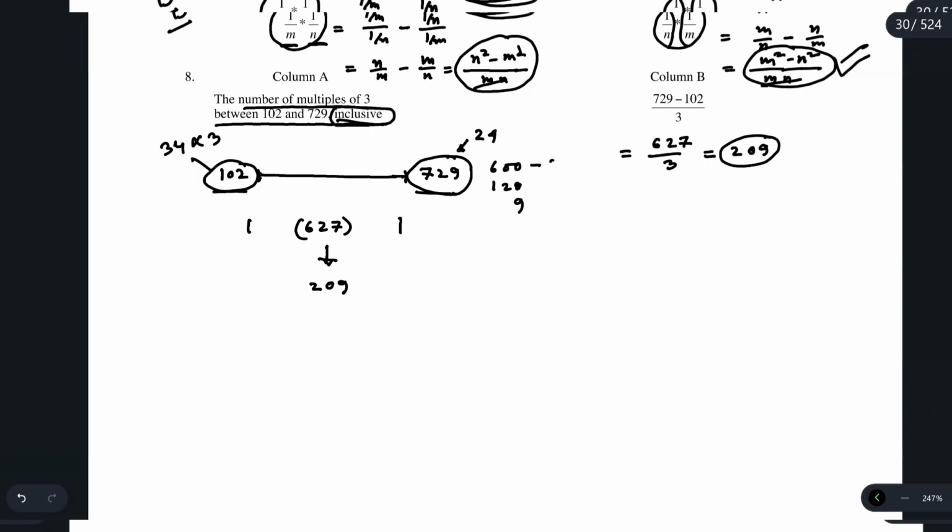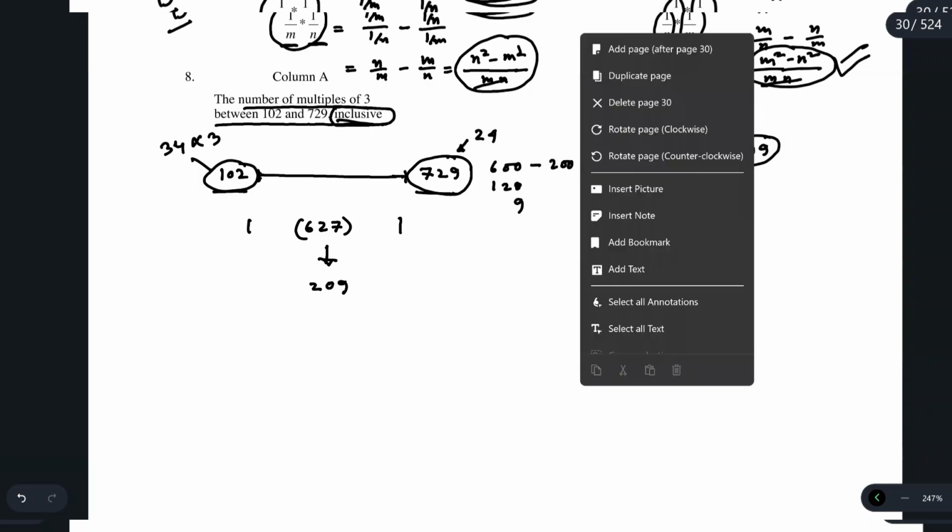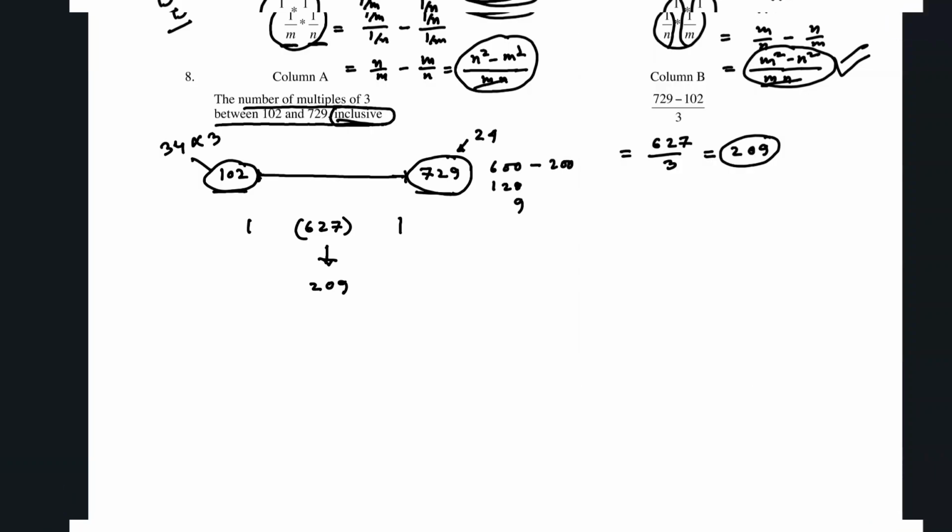If we divide 600 by 3 it is 200, and if we divide 120 by 3, it should be 40. And if we divide 9 by 3 is 3. So 243 would be the value if we divide 729 by 3. Now we know that both these numbers are divisible by 3. And when we include both the starting term and the end term, we should add one more value here.